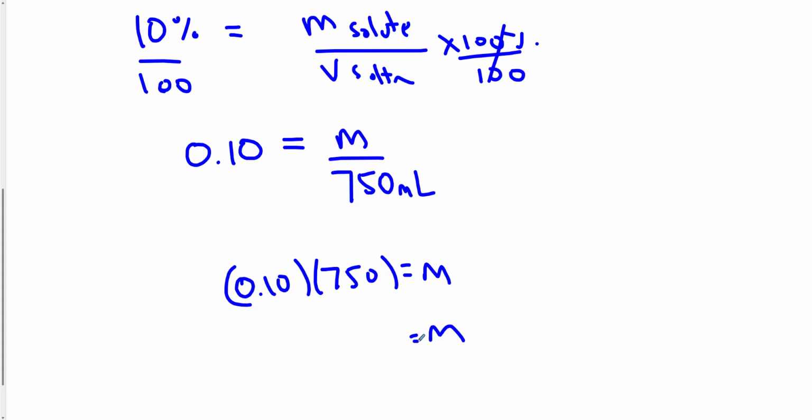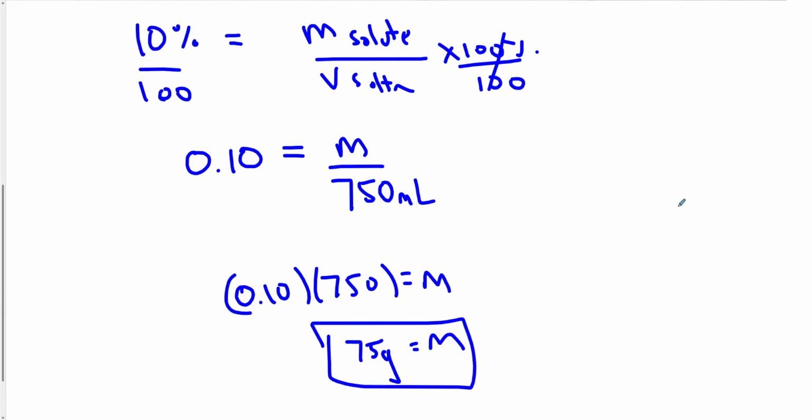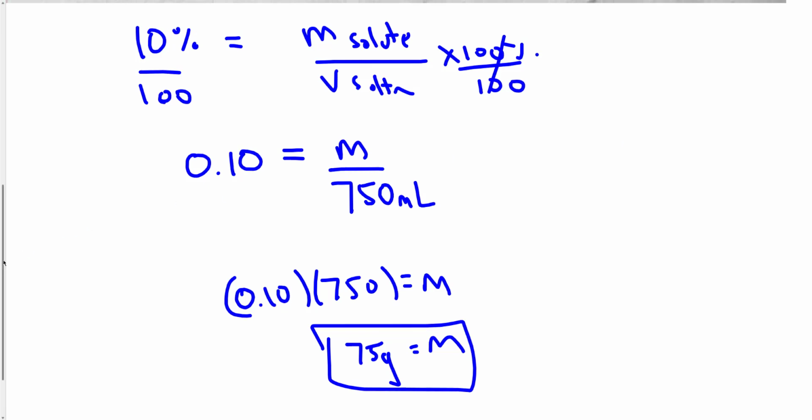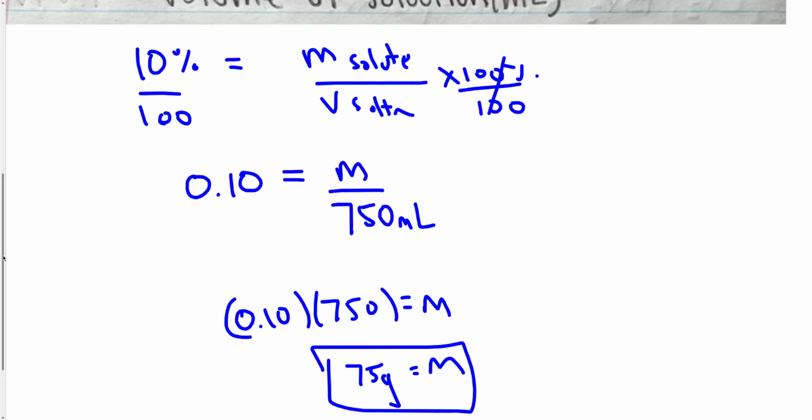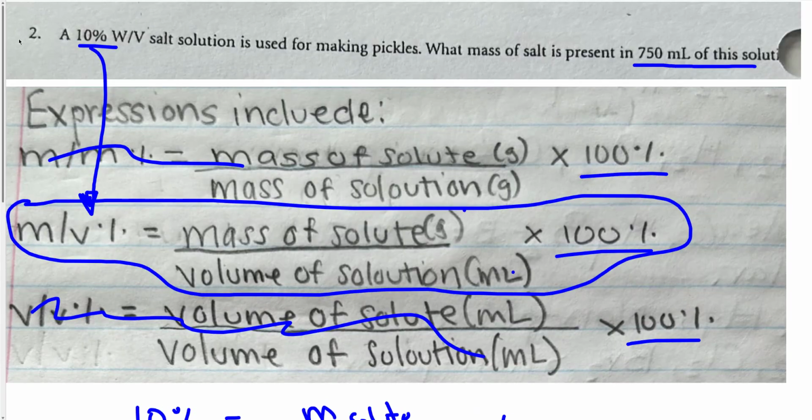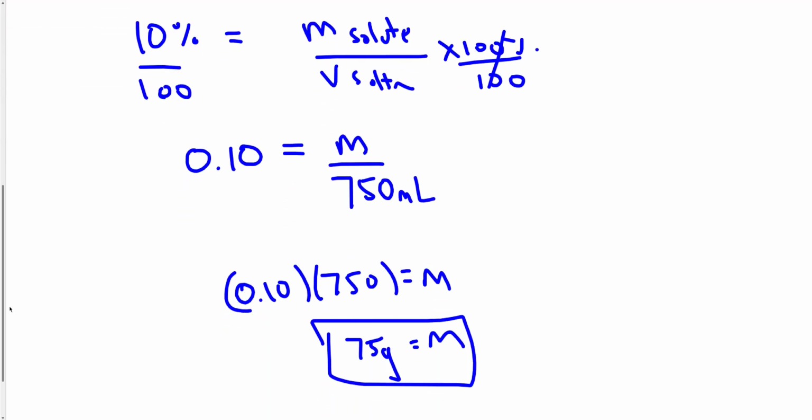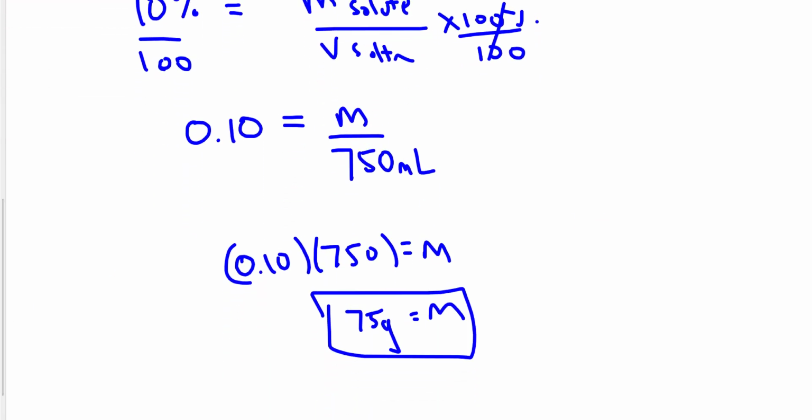And what is that equal to? Yeah, and there you go. That's the answer. That would be grams, yes, because it doesn't specify, but it does say mass. And normally, when we're dealing with mass, it's grams. So yeah. Okay, let's go on.